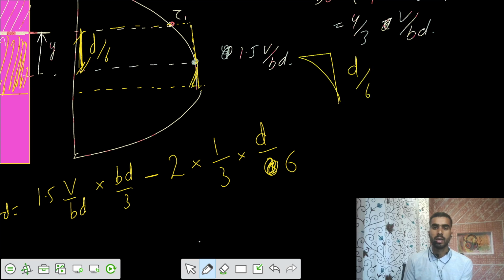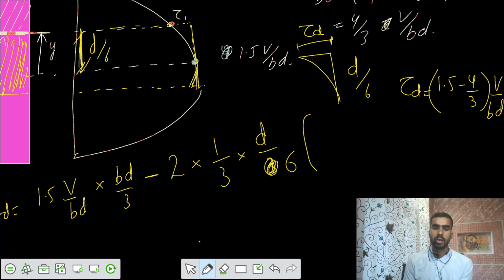The difference of this is the tau difference, with the value of tau difference equal to 1.5 minus 4 by 3 V by BD. So you get the area, 2 times 1 by 3 depth, into this one, and you have to multiply the width also. So finally you got this one.